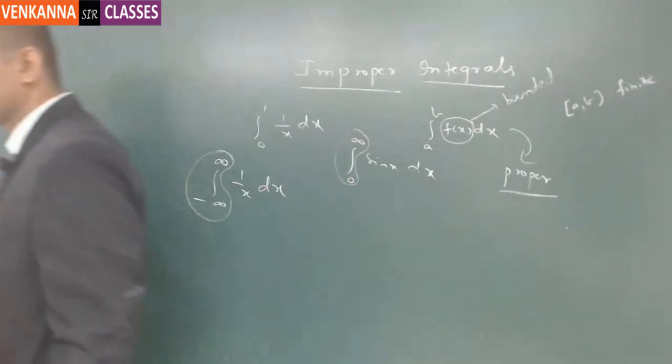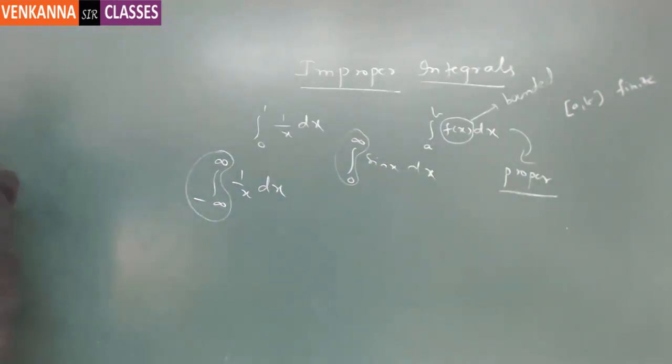So whenever f is a bounded function and the interval is finite, the integral from a to b of f of x dx, we call a proper integral. If one of these conditions or both are not satisfied, we call it an improper integral.